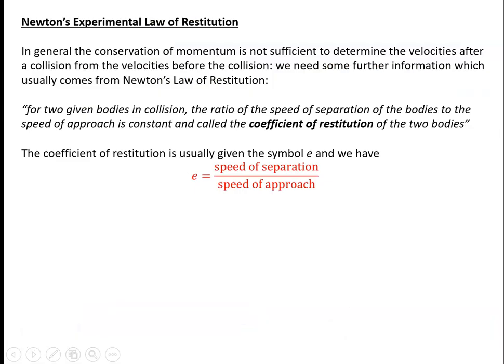Now remember from Unit 3 that the coefficient of restitution is an experimental law, and that the easiest way of setting up the coefficient of restitution is to regard it as being the ratio of the speed of separation after the collision divided by the speed of approach before the collision.